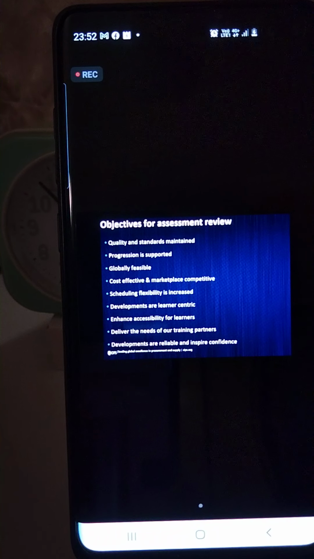Also, it needs to be cost effective. We don't want our assessments to be very expensive. We want as many students to access the assessments as we can. So we need to make sure that it's cost effective. And we need to really think about these ideas of flexibility and seeing the extent to which we can offer flexibility within the way that we offer exams to our learners. And as I've said, it's learner-centric.